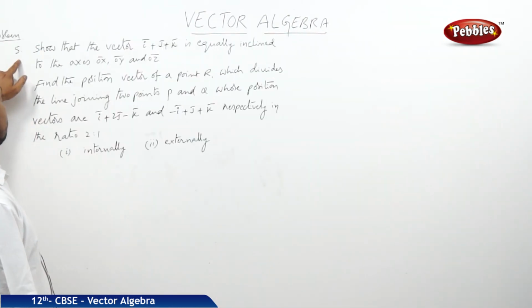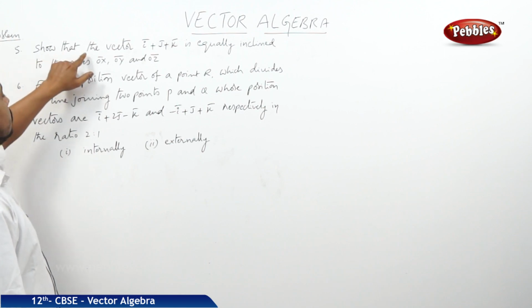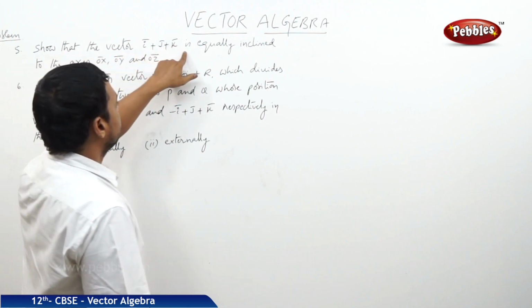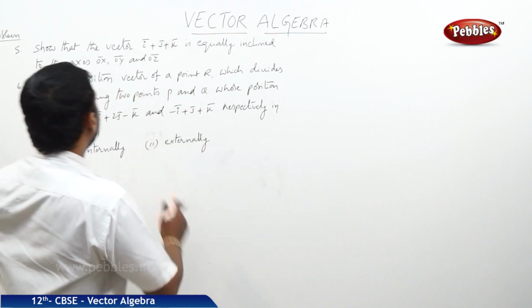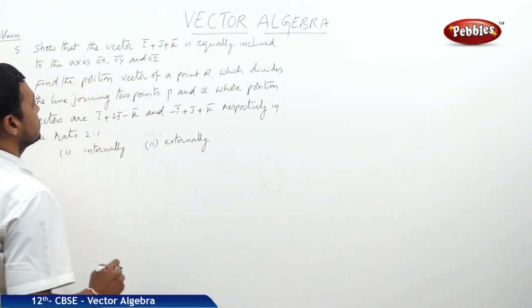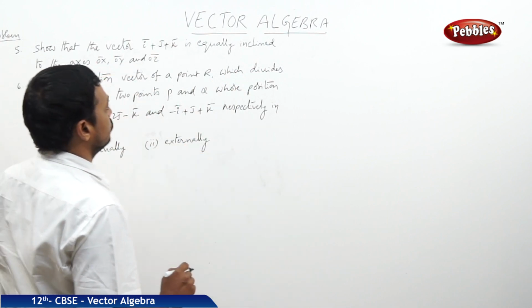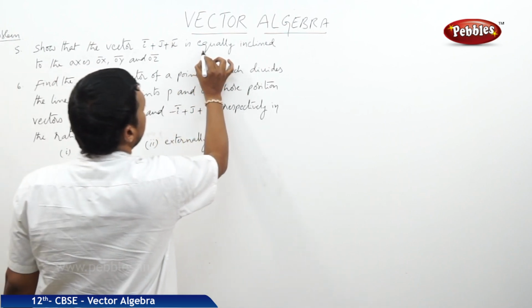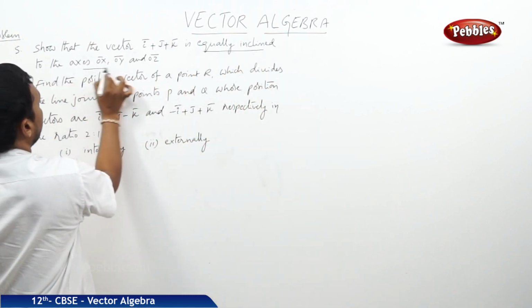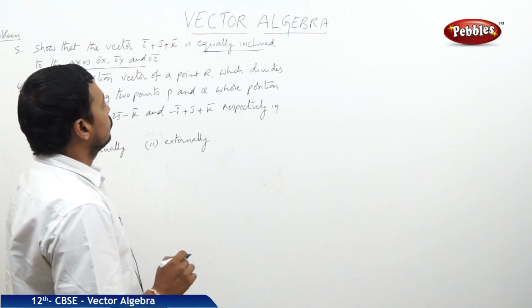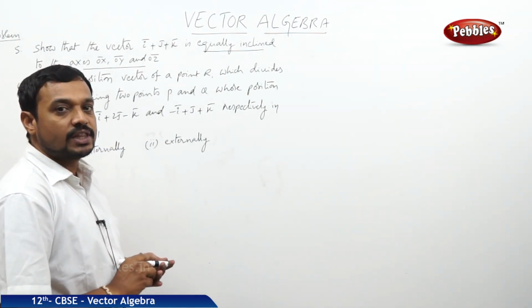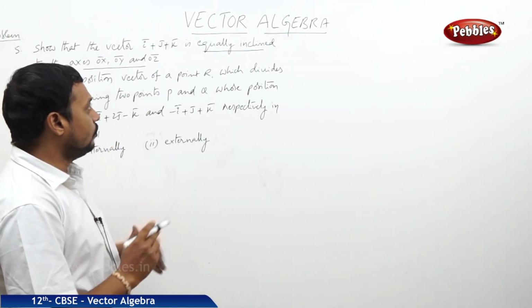Now the question number 5. Show that the vector i plus j plus k is equally inclined to the coordinate axes ox, oy and oz. Equally inclined to the coordinate axes, so the vector makes equal angles with the coordinate axes. Now we have to prove.